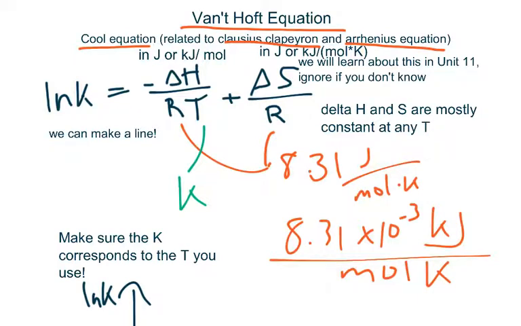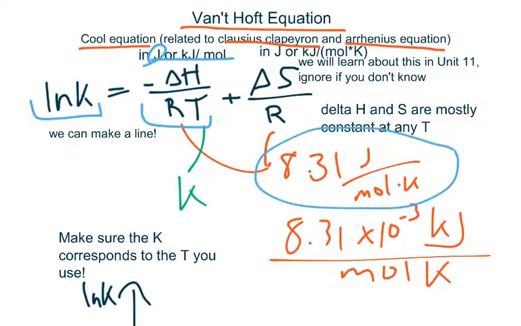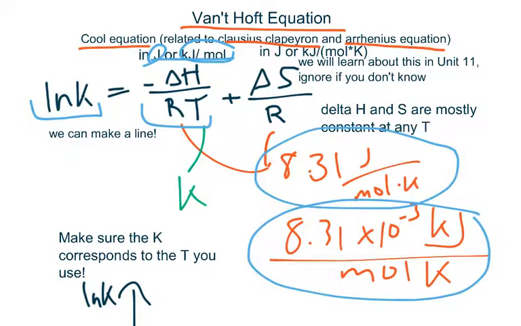So this equation tells us that the natural log of the equilibrium constant, doesn't matter what type, it's just any equilibrium constant, is equal to the negative of the delta H of the reaction, either in joules or kilojoules per mole, and you divide that by R times T. If you chose joules here, then you will use 8.31 joules per mole times K for R, and if you chose kilojoules per mole, you will use 8.31 times 10 to the negative 3 kilojoules per mole times K. And note that these two are exactly the same thing, except this is in joules and this is in kilojoules, and that's maybe the reason why we have a 10 to the negative 3.